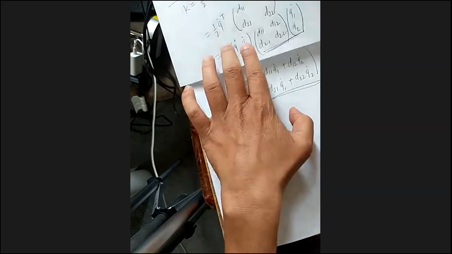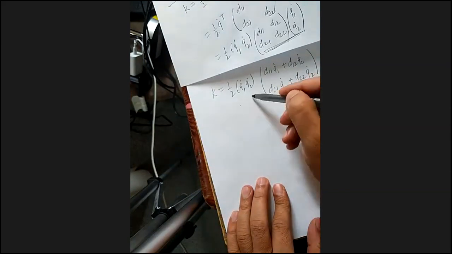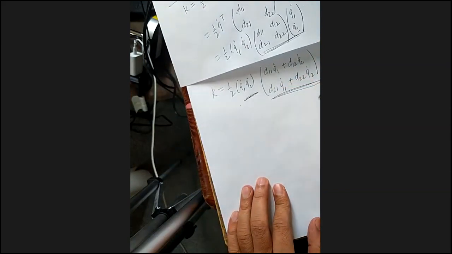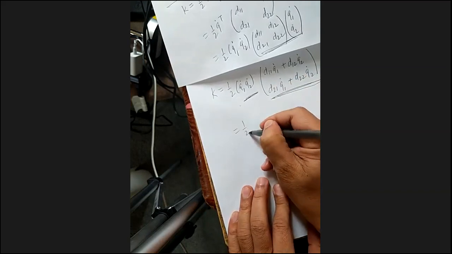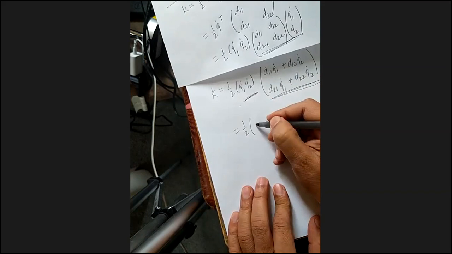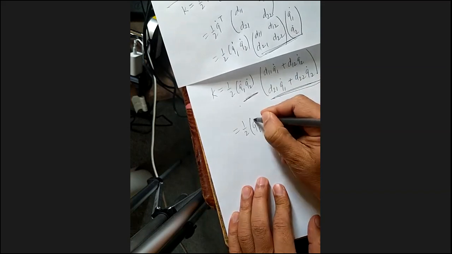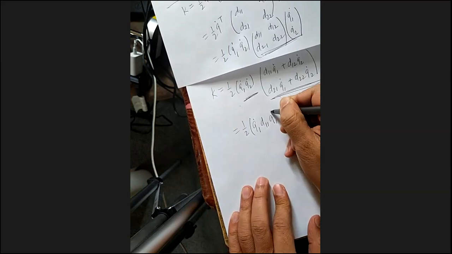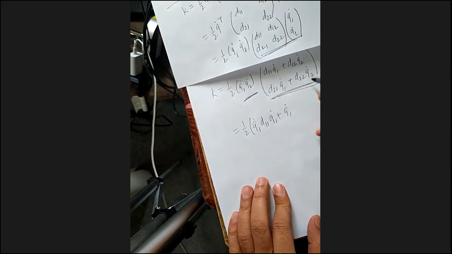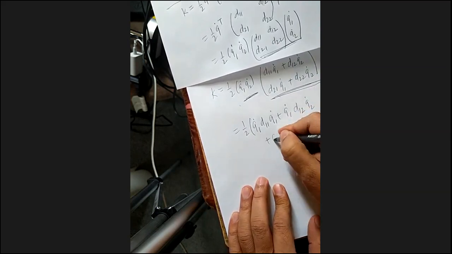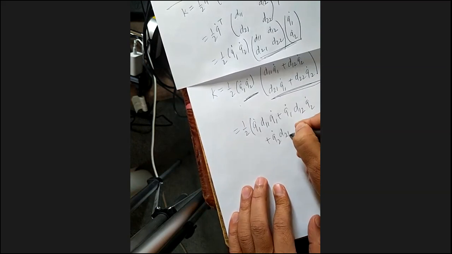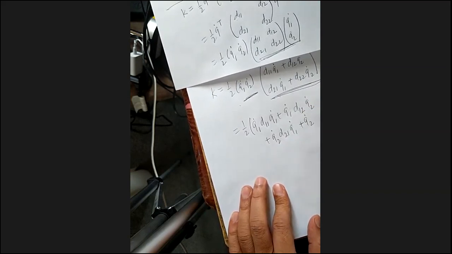Then now I have to multiply these two together, the row and the column, with the 1 over 2. What do you get if you multiply these two? Q1 dot D11 Q1 dot plus Q1 dot D12 Q2 dot, plus Q2 dot D21 Q1 dot plus Q2 dot D22 Q2 dot.